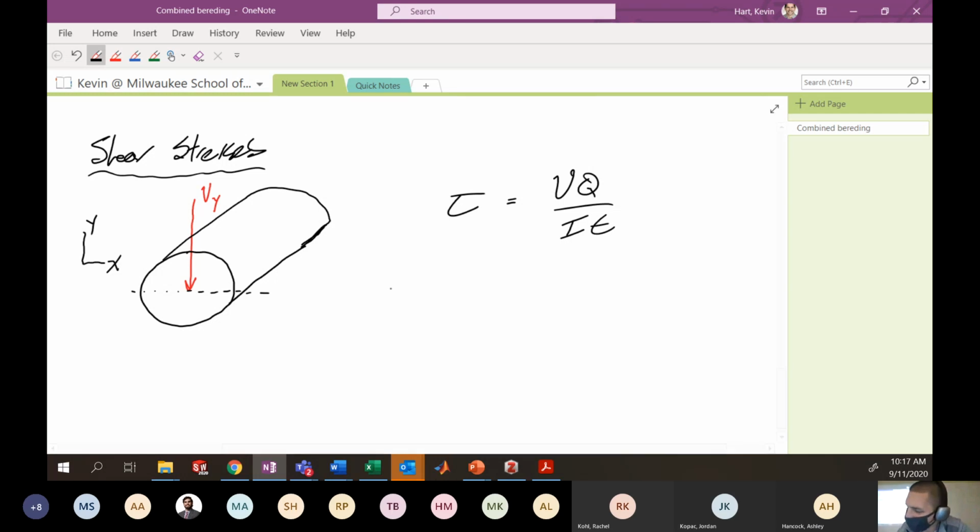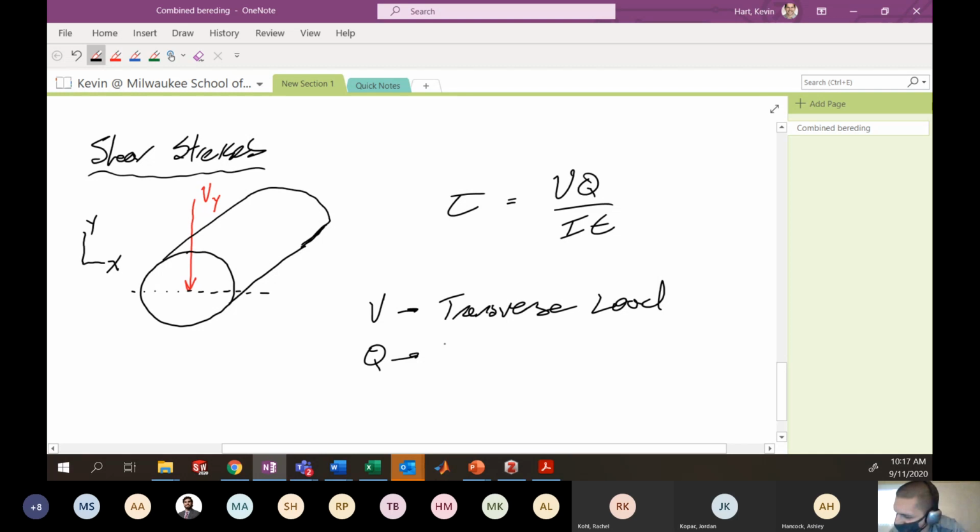VQ over IT, where V is the transverse load. Q is the first moment area, and we'll talk about what this is in a little bit more depth in just a second.